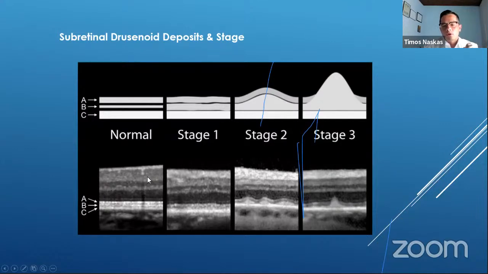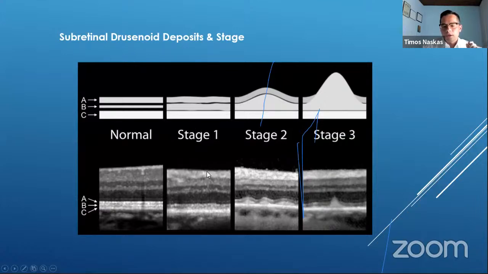So we did not note only the presence of drusenoid deposits. We also defined their stage. This is based on a paper by the research group of Sandrine Zweifel, and she recognized 3 stages for drusenoid deposits.